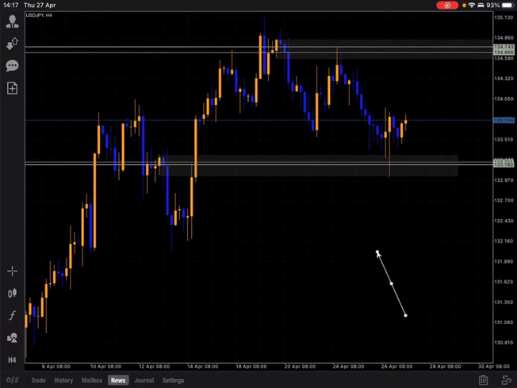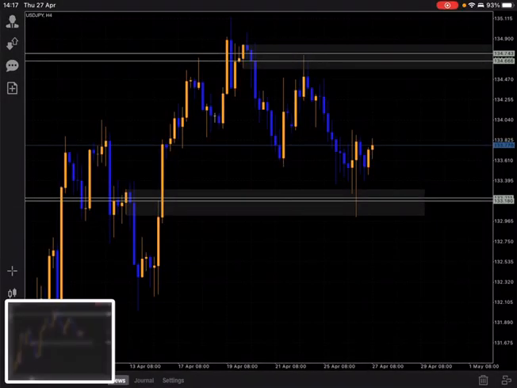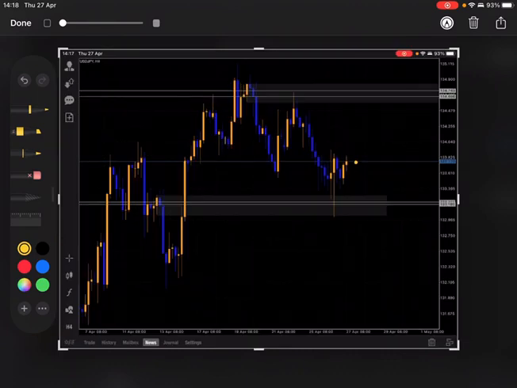So again, since it's a USD pair, wait for the US session. Wait for the news to be released if you are a low risk trader, and see where it goes first. So what you can do now is monitor where it might go during this Euro session and the next H4 opening.